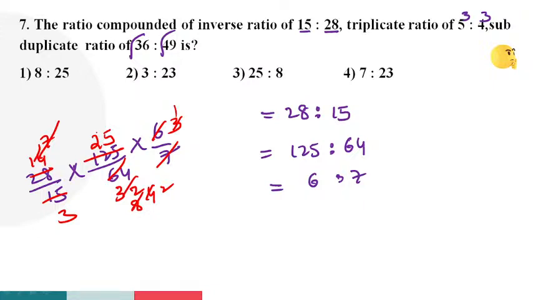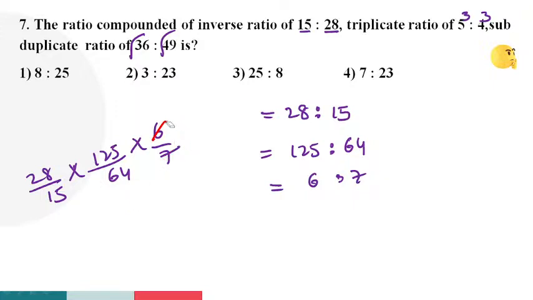Any mistakes, guys? 25 and here is 3. There is no 6, something in the calculation is missing. One second. Right.